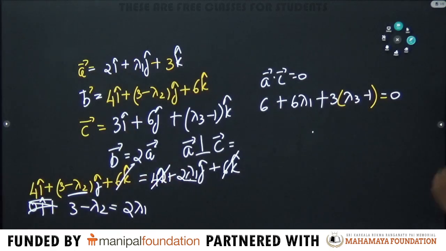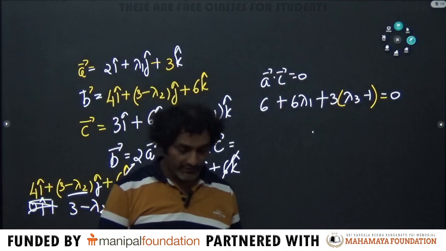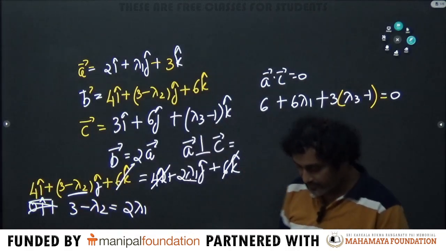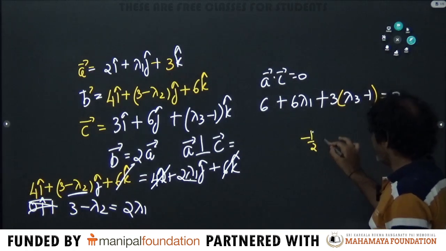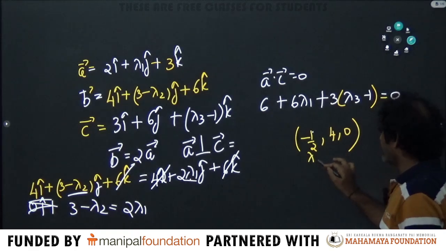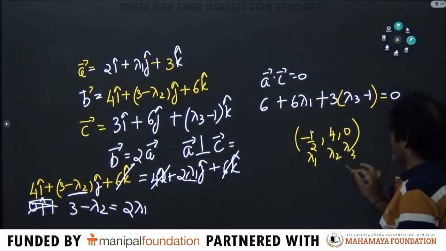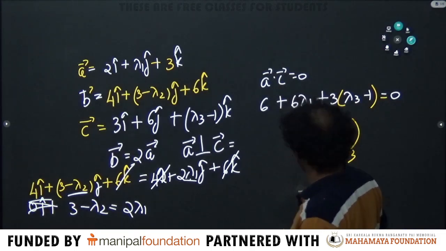So we got two relations. Now what we do is they have given options, so just put lambda 1, lambda 2, lambda 3 values and check. They have given minus half, 4, 0 for lambda 1, lambda 2, lambda 3. Let's put the three values here. Lambda 2 is 4, right?